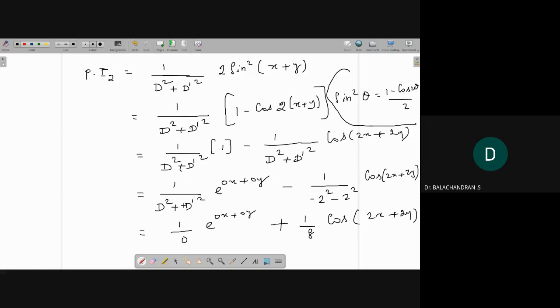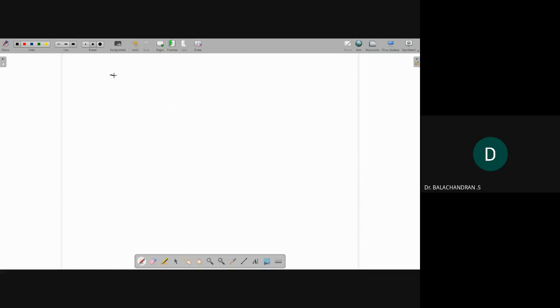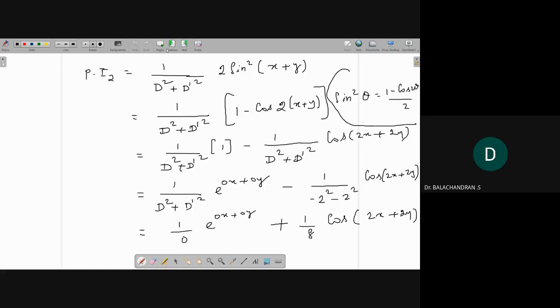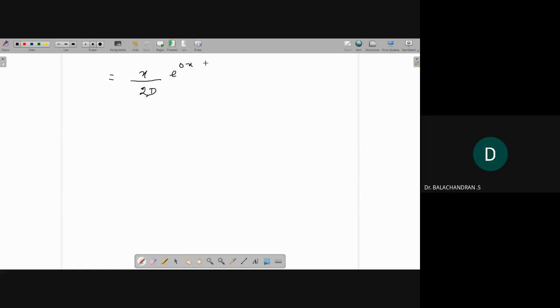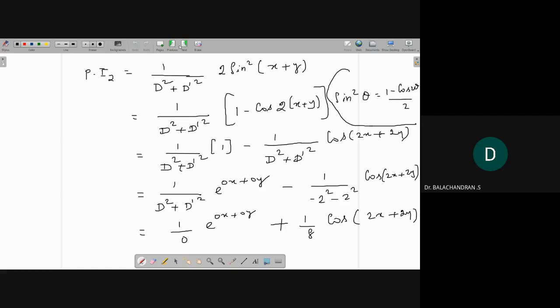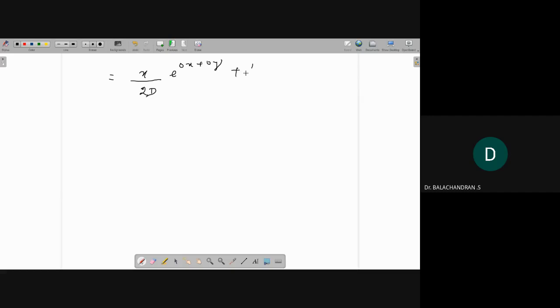But here you have 0, so you should multiply the numerator by x and differentiate the denominator with respect to D. So x by 2D into e power 0x plus 0y, and 1 by 8 cos of 2x plus 2y.